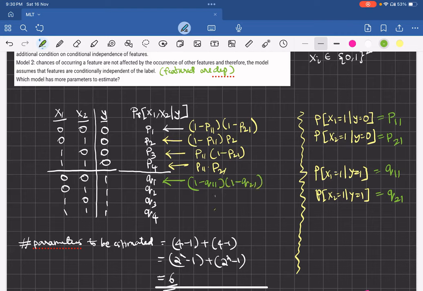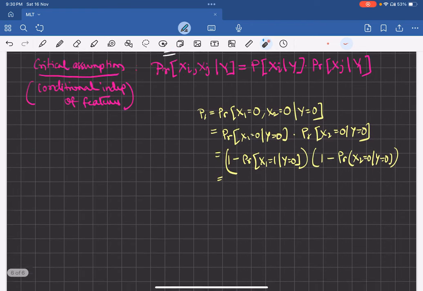You can fill up the rest. It's the same pattern. So instead of p1, p2, p3, p4 that we initially had, and q1, q2, q3, q4, we only need four of them, in fact p11, p21, and q11, q21. So that is the whole advantage.